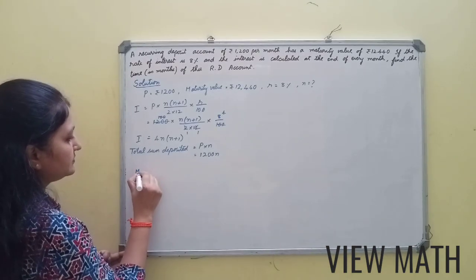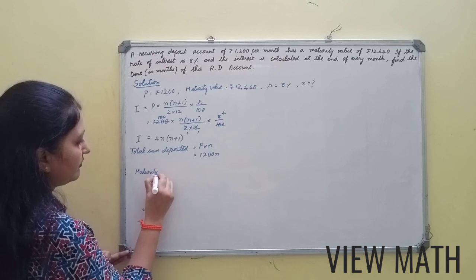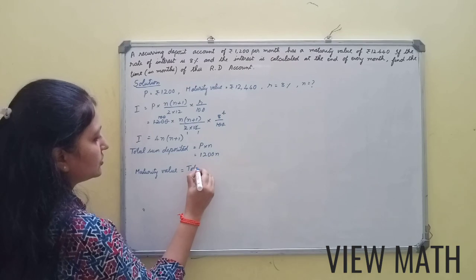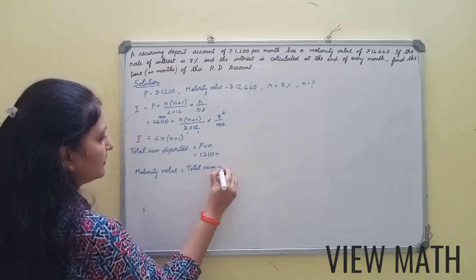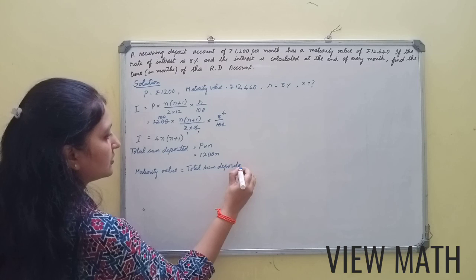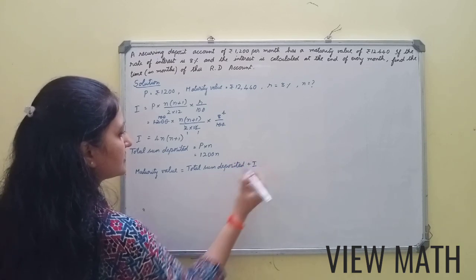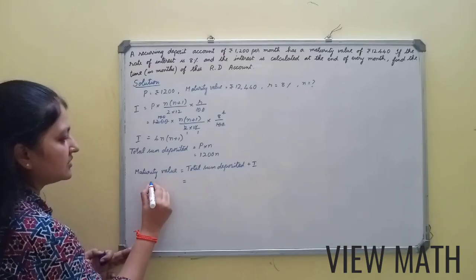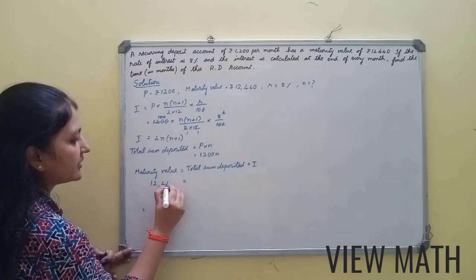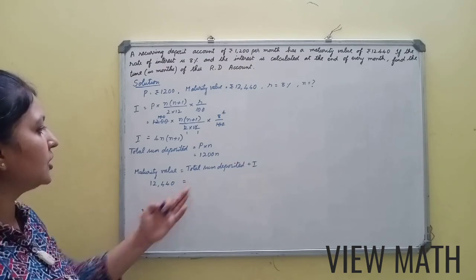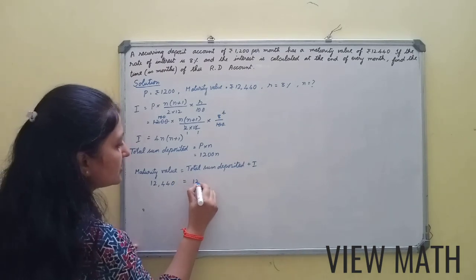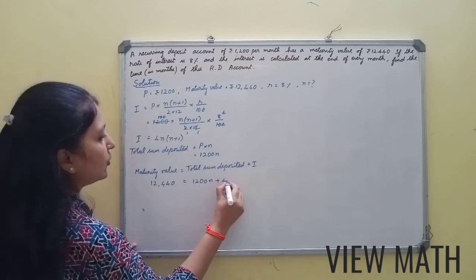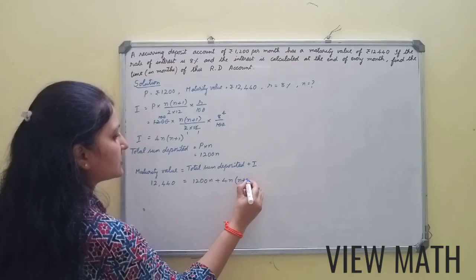Maturity value is equal to total sum deposited plus interest. Now what is given in the question? Maturity value, it is 12,440. So let me substitute. Total sum deposited is 1200 N plus interest 4 N into N plus 1.